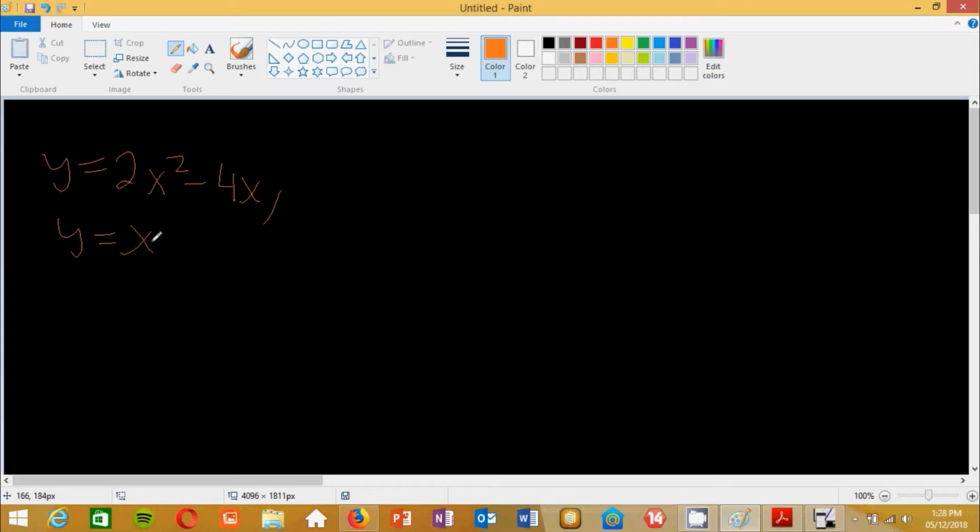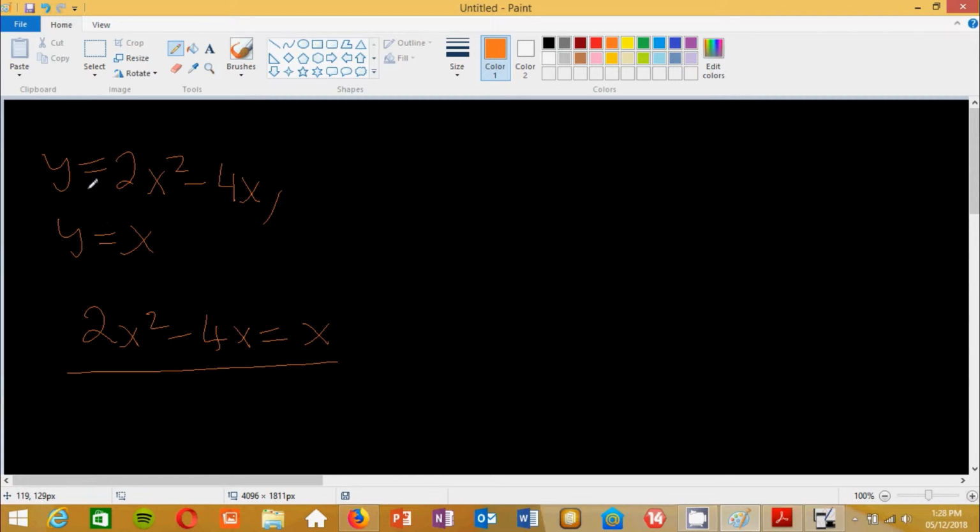So if the y-coordinates are the same, and the y-coordinates are 2x squared minus 4x and x, then it makes sense for us to equate the y-coordinates, because if they are equal, then we equate these two and say 2x squared minus 4x is equal to x.